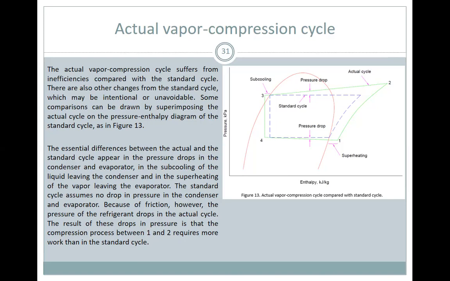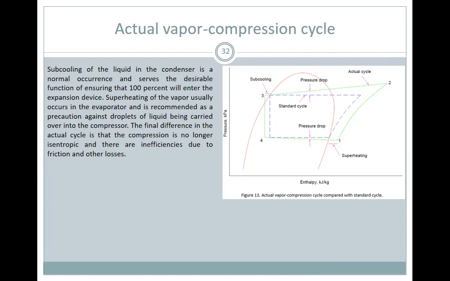The result of this drop in pressure is that the compression process 1 to 2 requires more work than in the standard cycle. Di ba lumaki? Okay. So, subcooling of the liquid in the condenser is a normal occurrence and serves the desirable function of ensuring that 100% liquid will enter the expansion device.